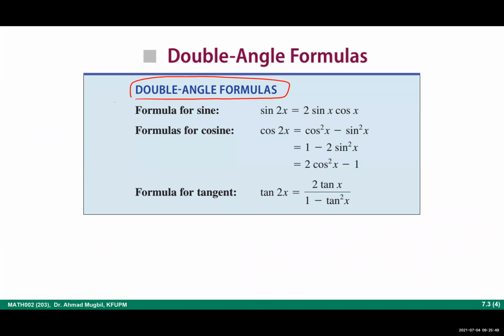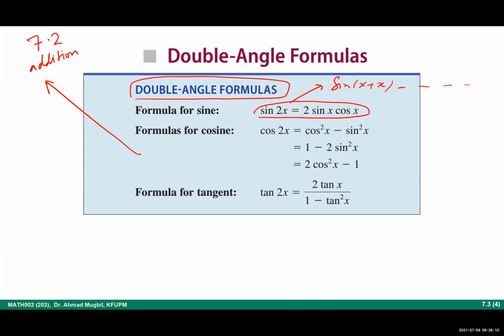Where are they coming from, Shabab? They are coming from 7.2, from the addition formulas for sine, cosine, and tan. This is just coming from sine of x plus x. If you forget it, you can recall it from there. This one is the same.